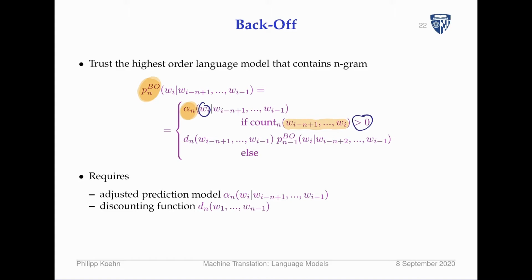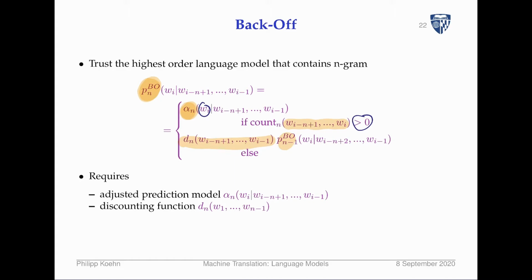And that something that's being left over is actually very clearly spelled out here. That's this value. So this is how much probability mass we reserve for events that we haven't seen. And then it's a recursive calculation where we go for the back-off probability distribution with one order smaller. So what do we have to do?